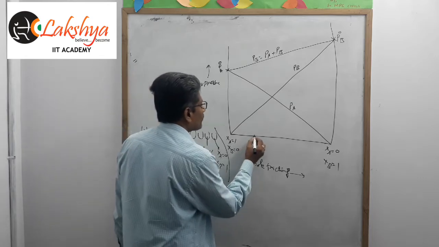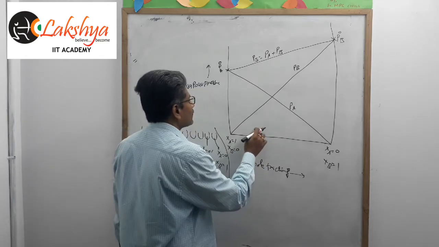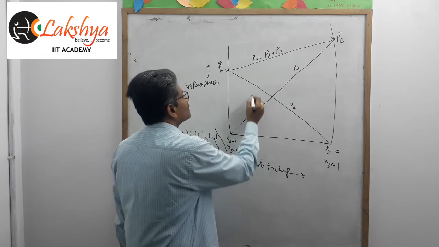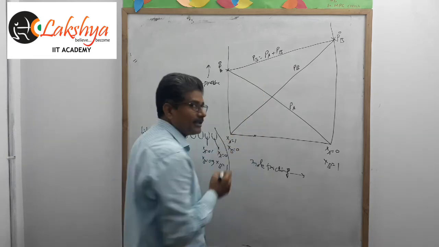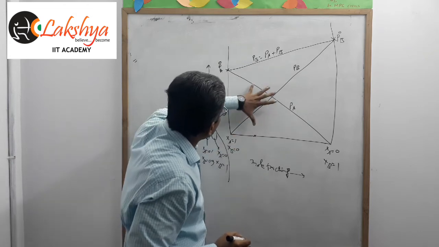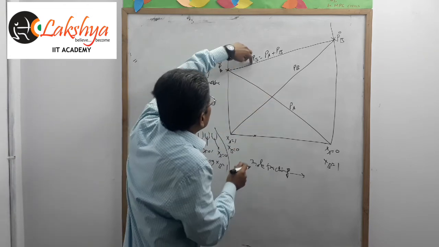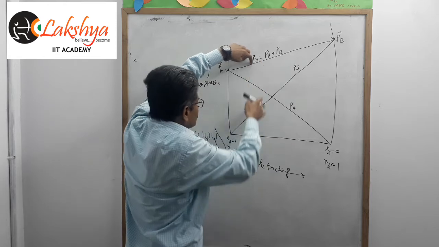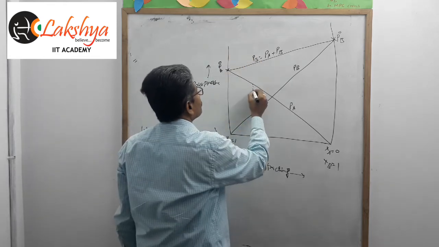For example, from this point to here is the pressure of A, and this point to here is the pressure of B. If you add PA and PB, you get the total pressure.